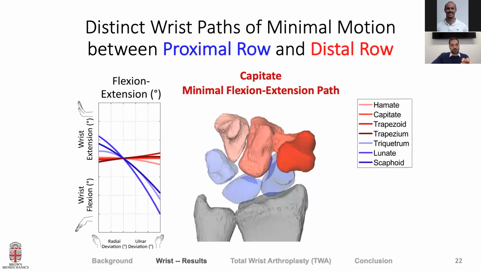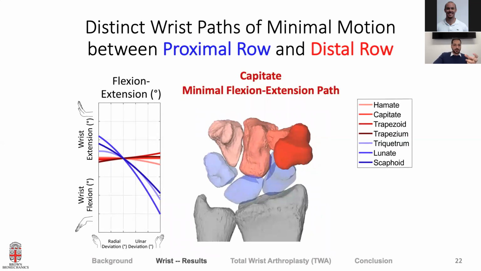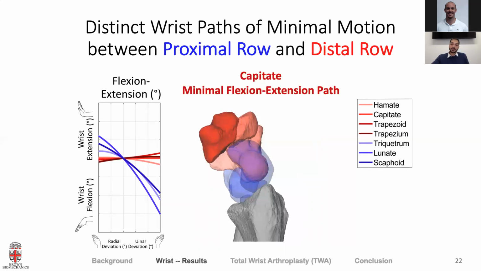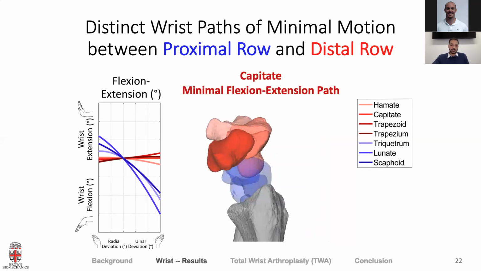So let's look at all of the carpal bones, the 7 bones that we have, in flexion extension. Blue shades show the proximal row bones and red shades show the distal row bones. If we look at the capitate and scaphoid for the visualization, for the capitate in the middle, you see the wrist is moving in a path that has minimal capitate flexion extension.